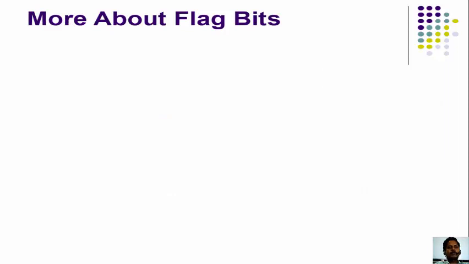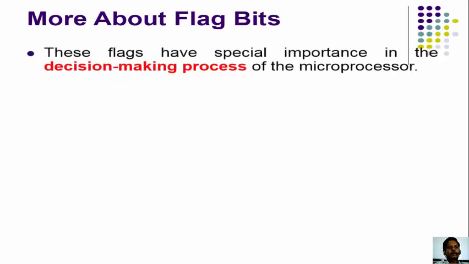Some other functions of these flag bits. These flag bits have special importance in the decision making process of the microprocessor. Decision making process is nothing but, depending on the status of the flag bit, that is either 0 or 1, the processor takes the decision depending on the command or instruction provided by the user.